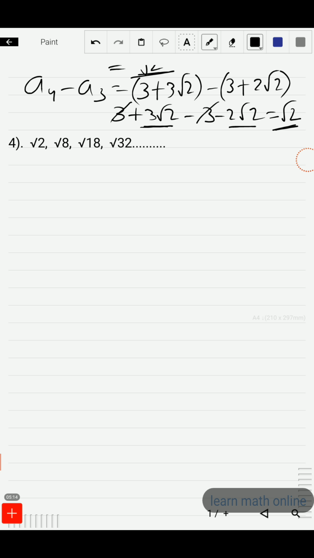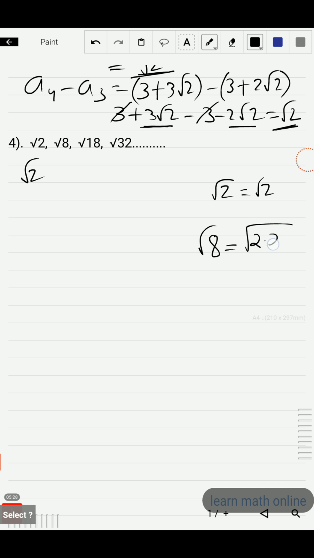And what is root 8? Root 8 we can write as 2 into 2 into 2, since 2 2s are 4, 4 2s are 8. If we have two same numbers inside the root, we can take one out. So it will become 2 root 2.